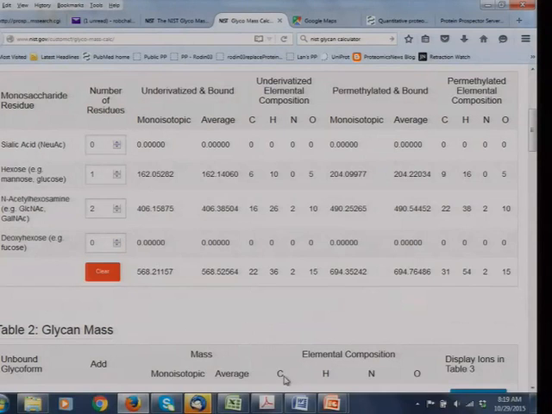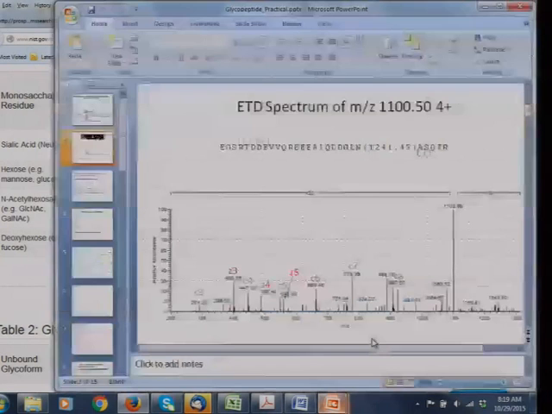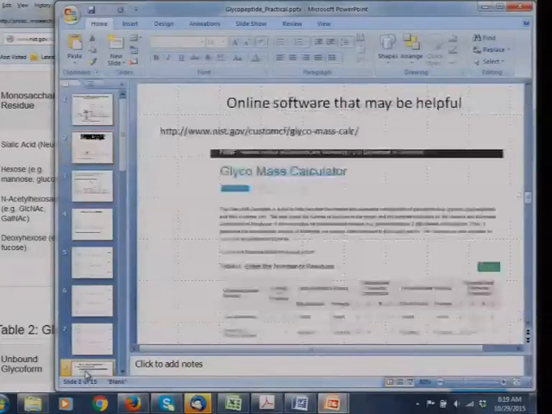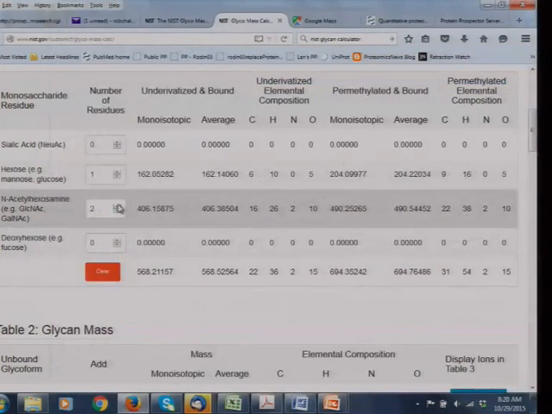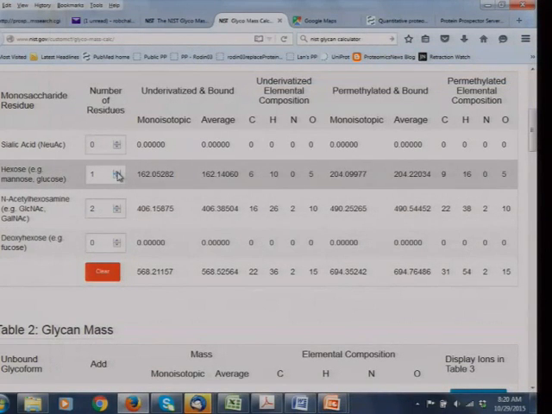So all these N-linked glycosylations, that's the three main types of glycosylation structures you're going to get, and so it's going to be a subset of one of these structures. All of these structures have a similar core, so they've all got 2 HexNAcs, and then they've all got various numbers of hexoses or HexNAcs afterwards. So we know it's going to have at least 2 HexNAcs.